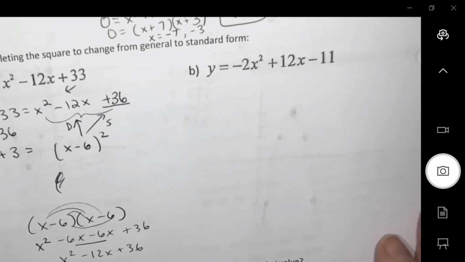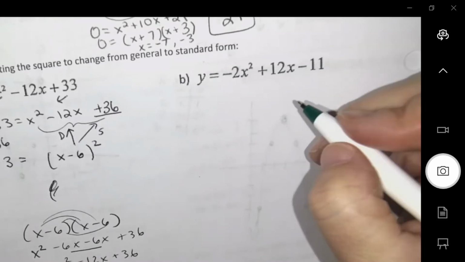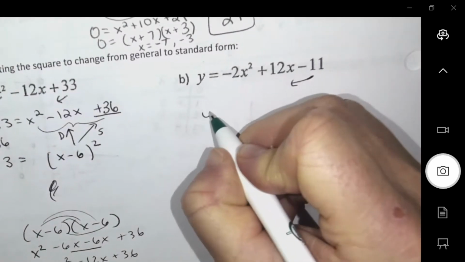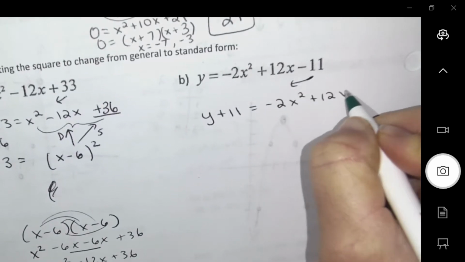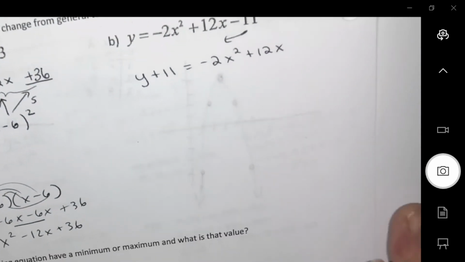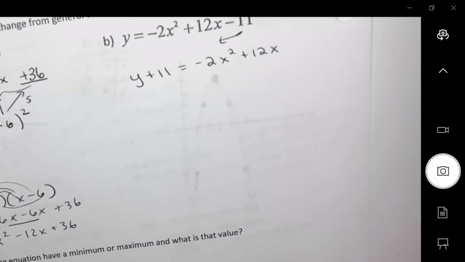Okay. Question B. So I'm going to move, okay, to make our trinomial, we need a simple trinomial.